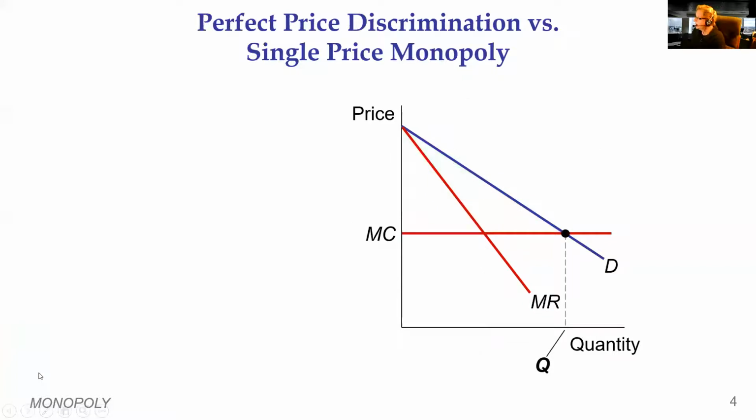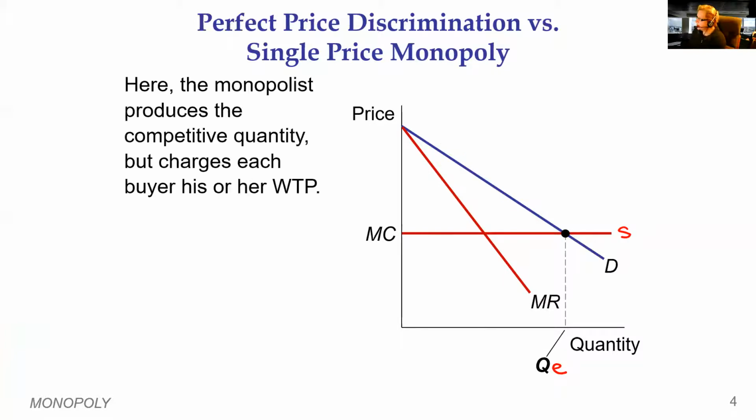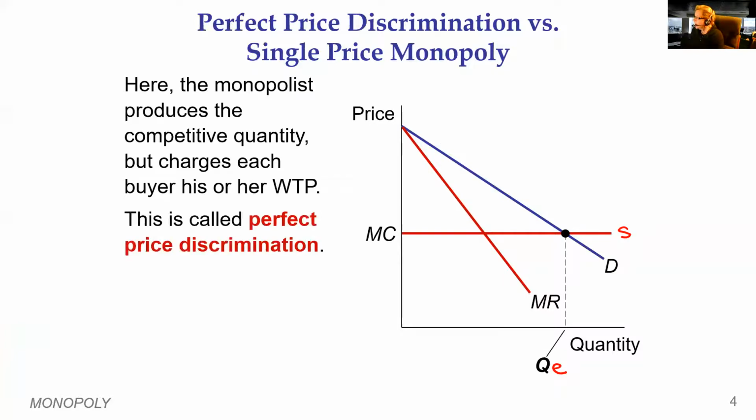Okay, if this is quantity equilibrium, because remember, for a monopolist, marginal cost is the supply curve, then this would be perfect price discrimination, meaning that we should be at quantity equilibrium, but the monopolist chooses to be here at the quantity that maximizes profit.